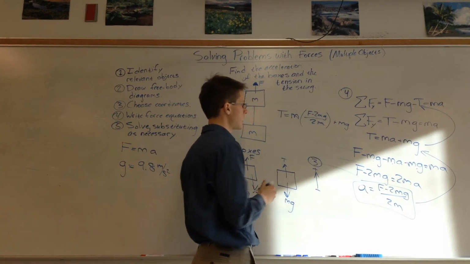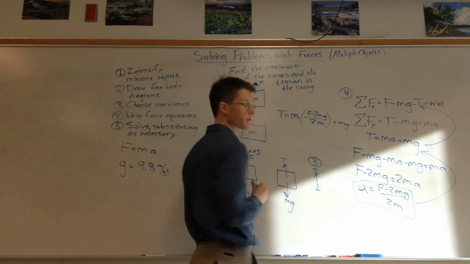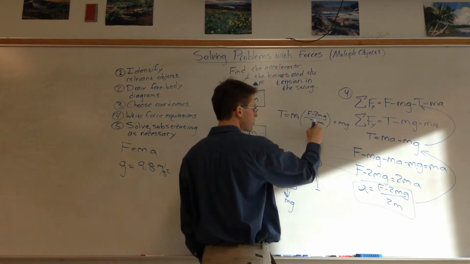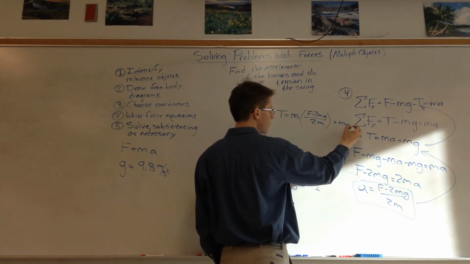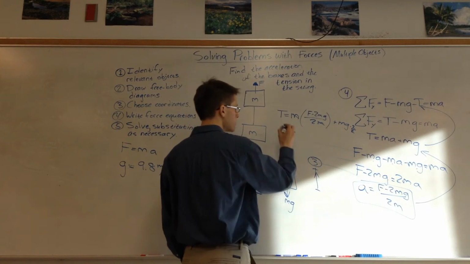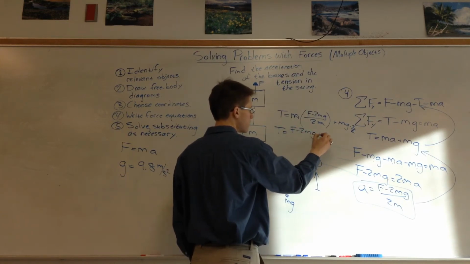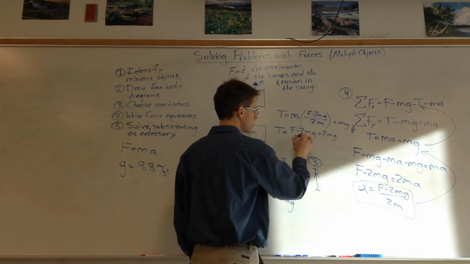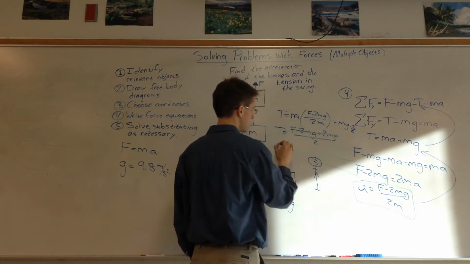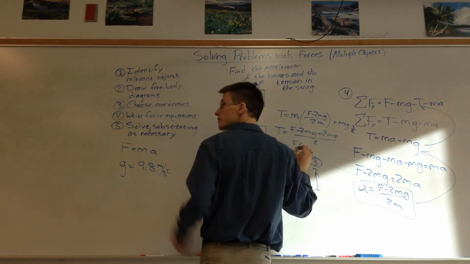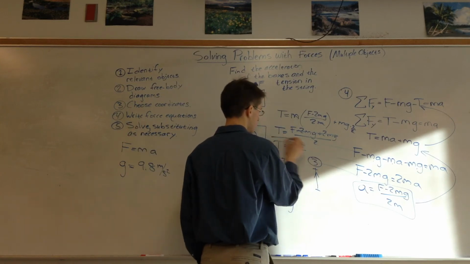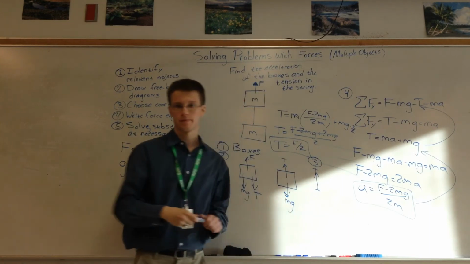I want to simplify this more, so I'll give it a common denominator. This is over 2, so I'm going to multiply mg by 2 divided by 2. Now I get that tension equals F minus 2mg plus 2mg, divided by 2. These cancel, you get T equals F divided by 2, and you're done, and you have your tension.